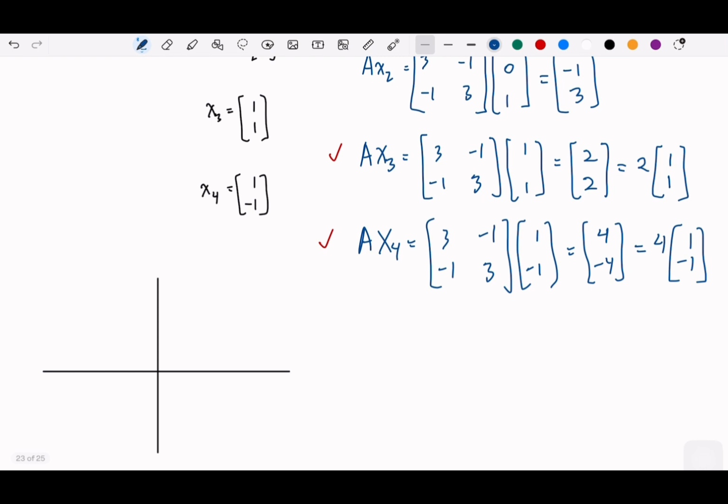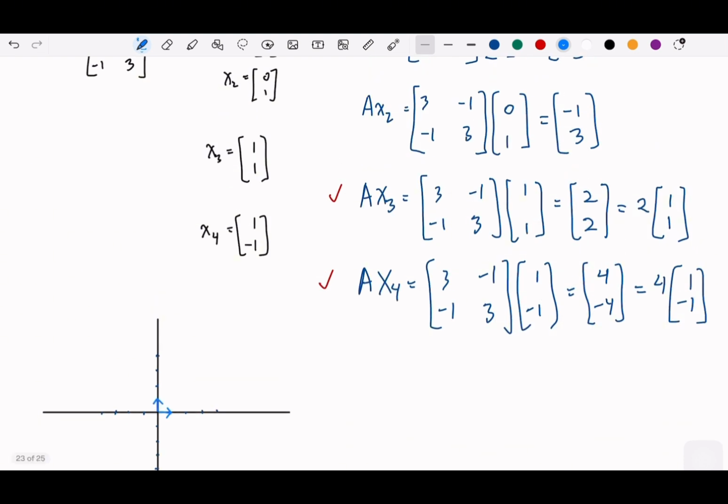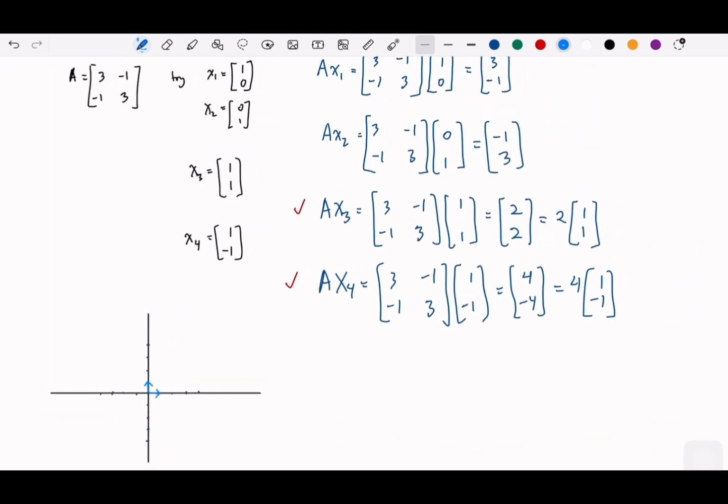Let me describe here: 1, 2, 3, 4 on each axis. The first is [1, 0], so 1 here and 0 for y, and then the other one will be here. This is the beginning of the vectors, x1 and x2.